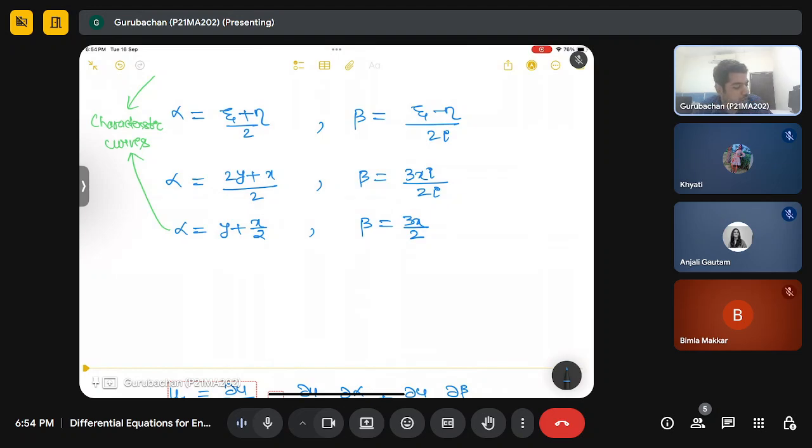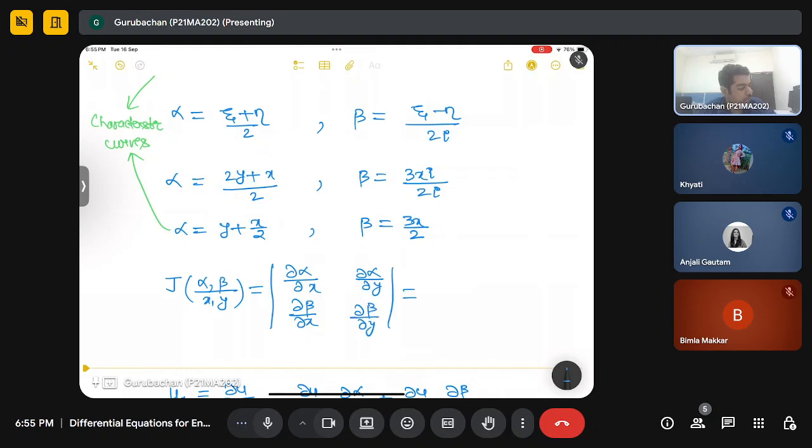How do we calculate this Jacobian? I'm denoting it as the Jacobian of alpha beta with respect to x y. There are many different notations. This is nothing but del alpha by del x, del alpha by del y, and del beta by del x, del beta by del y.